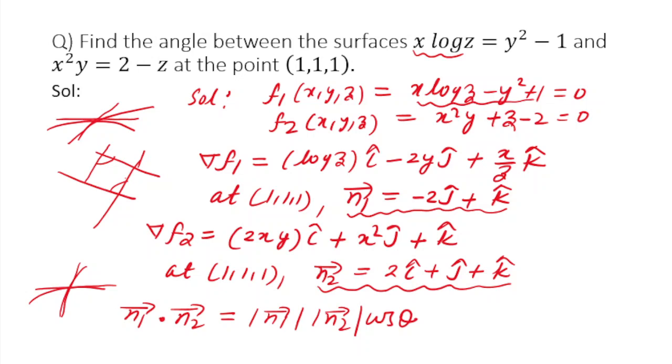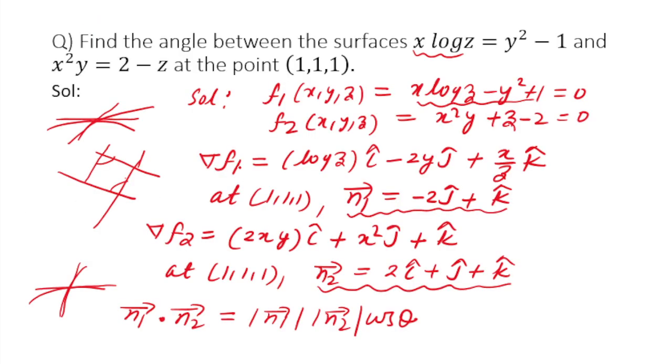Moving to the next page, because it will help us to get some space. So if I want to find the angle, I can directly write the formula here, that cos theta is equal to, and here we can take the mod of this, because I want to find the acute angle.